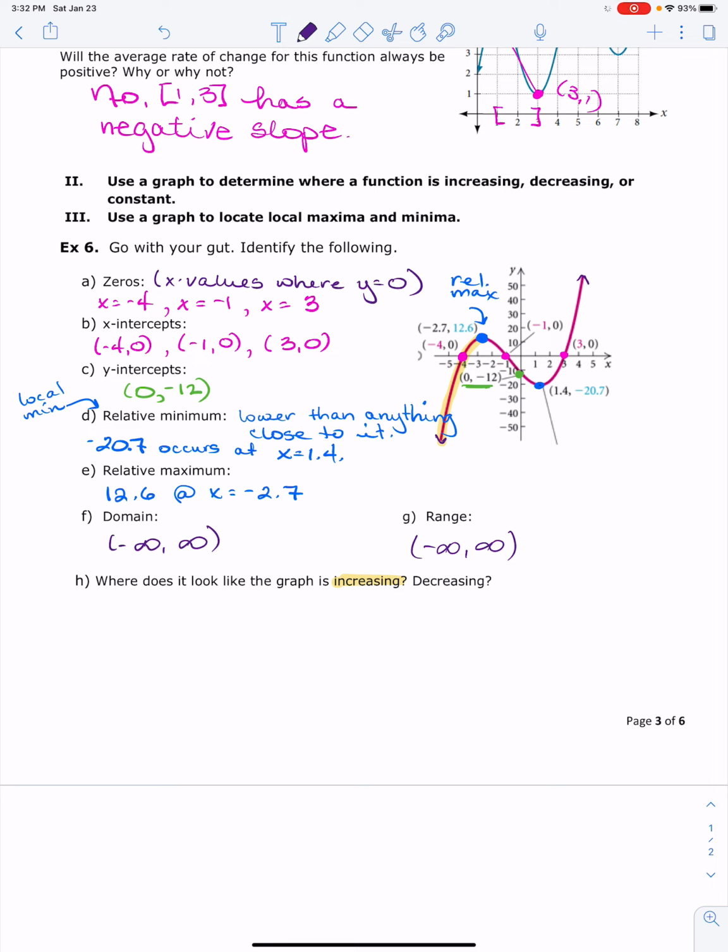So the graph is increasing from negative infinity to negative 2.7. We look at the y values to determine what is happening, and we define where that's happening in terms of the x values. Also over here on the far right, from 1.4 to infinity, our graph is increasing.